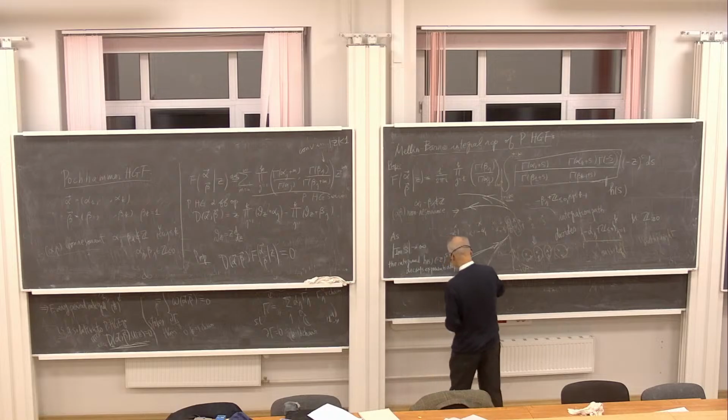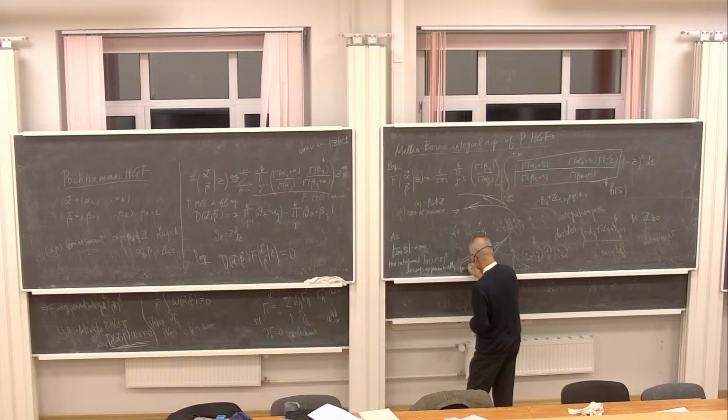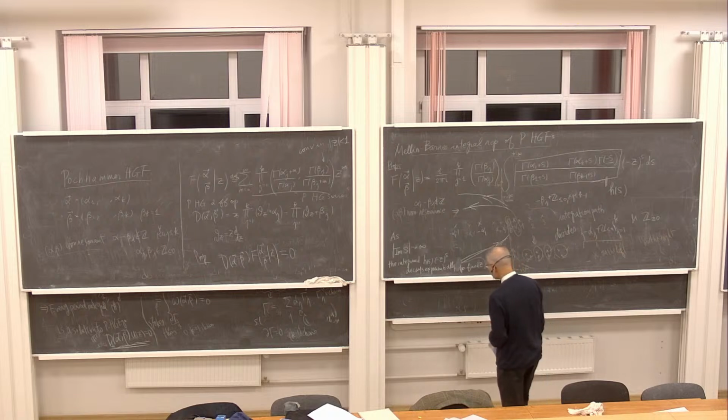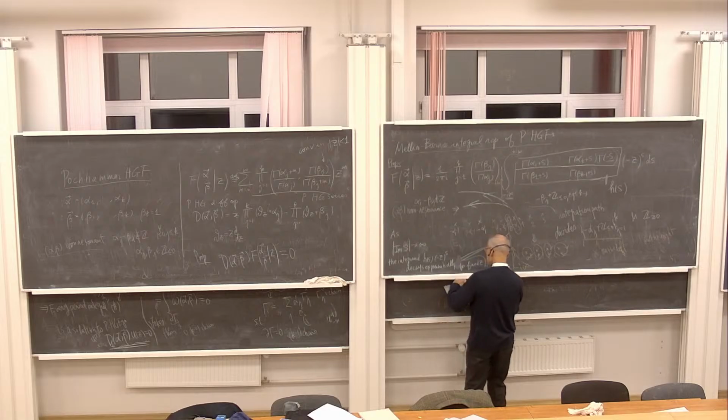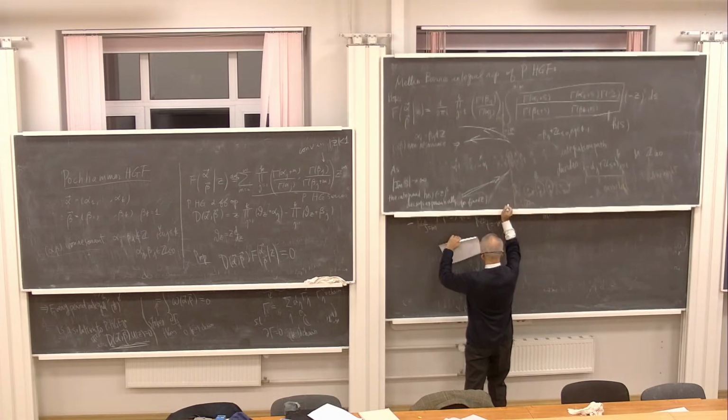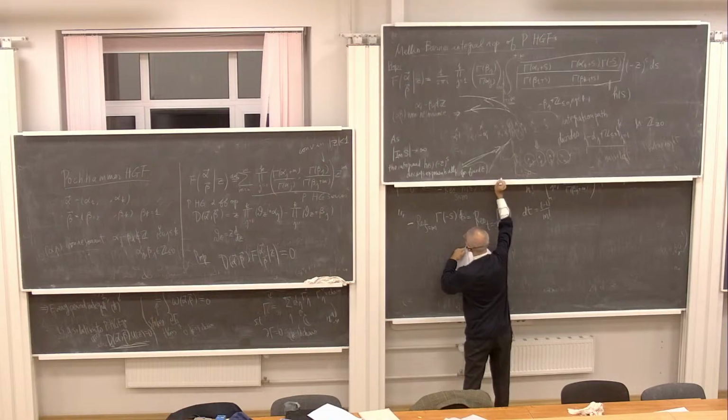For fixed z. So for every z, this integral exists, and then you let z move and get a function in z.